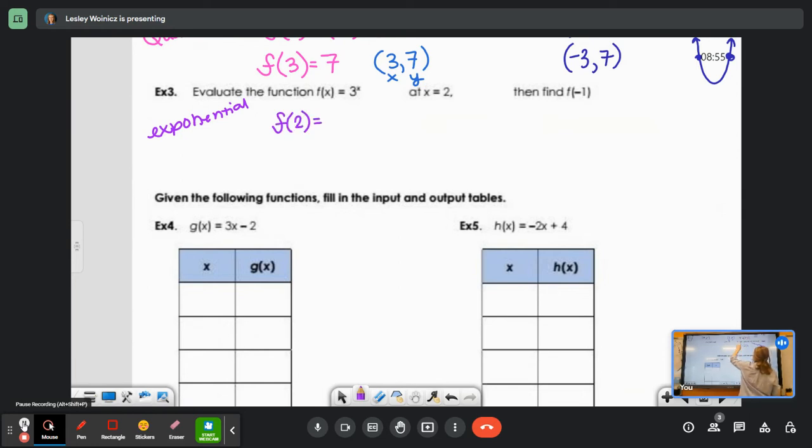So we have to put in the 2 wherever we see the x. Okay, ask your calculator what 3 squared is. 9. Okay. We kind of already knew that, didn't we? So the output for 2 is 9, so that gives us the point 2, 9, where 2 is the x, 9 is the y.